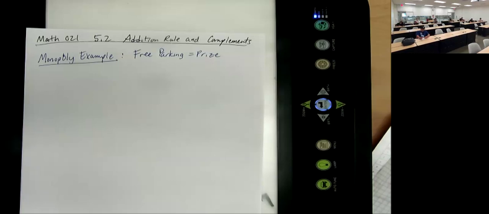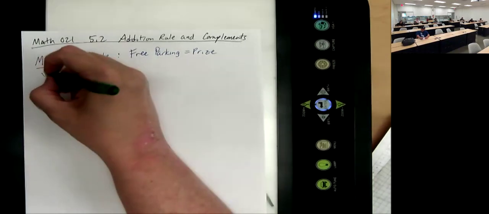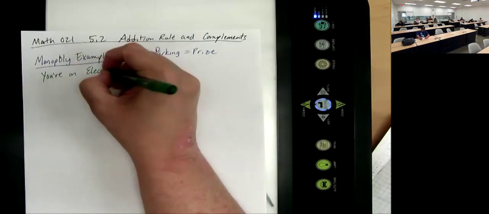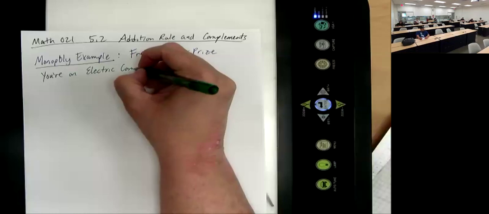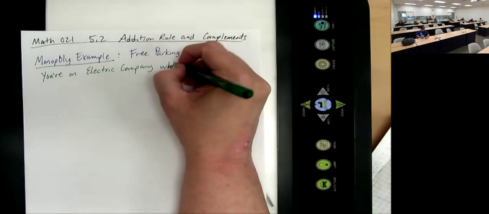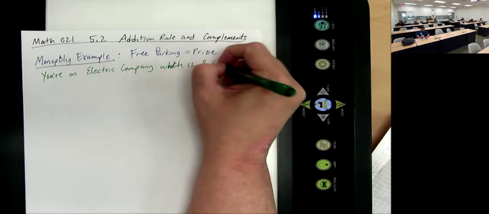So let's say you're on Electric Company, which is 8 spaces away from Free Parking.